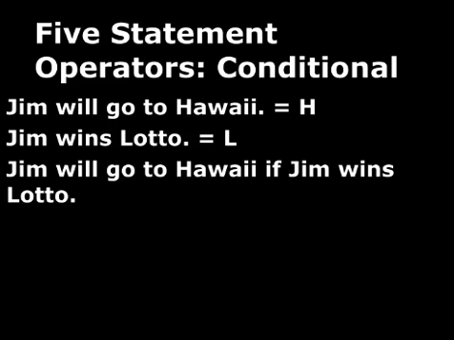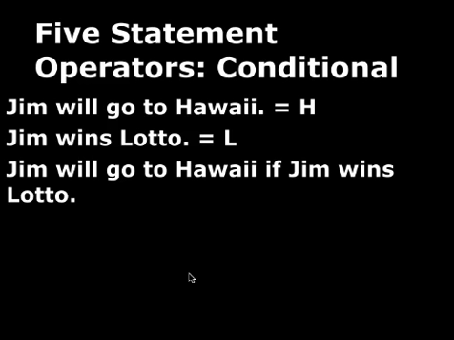What do you do? Well, first thing you do is you find the atomic statements. Jim will go to Hawaii. Jim wins lotto. You assign to those atomic statements letters like H and L. I know it's going to be a conditional because it's "if." It's not "and" or "or" or anything like that. It's "if." So that's telling me it's a conditional, so I'm going to use a horseshoe.